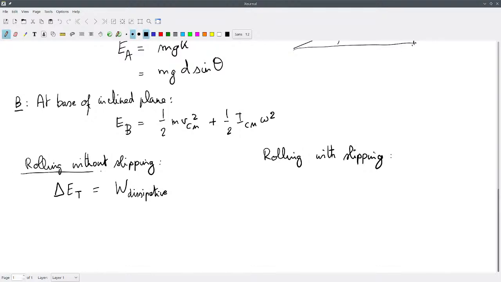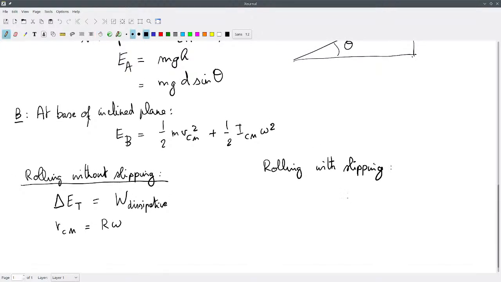So in the case of rolling without slipping, we can use that the center of mass velocity will be r times the angular velocity, and if we then look at the equation that we have there, this is equal to 0 because there are no dissipative forces that are causing energy to be lost. The force of friction is static friction, and we know that static friction doesn't correspond with a displacement.